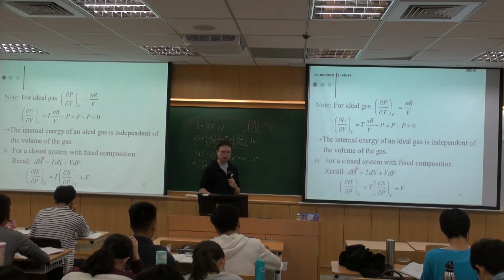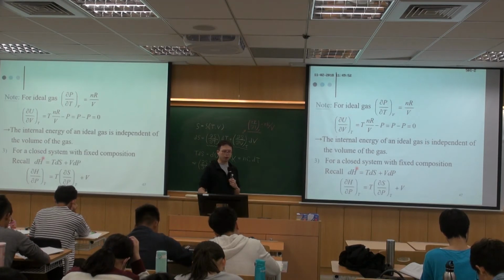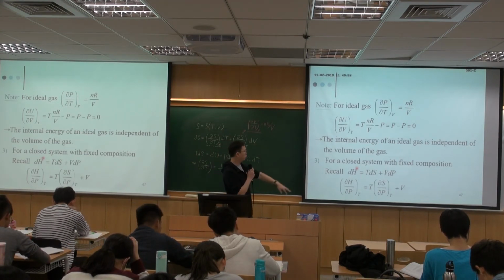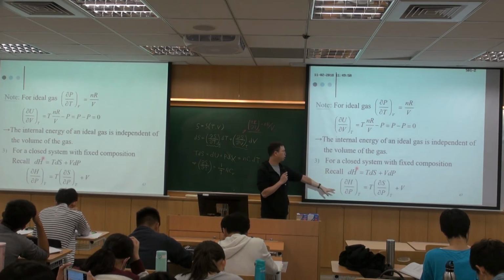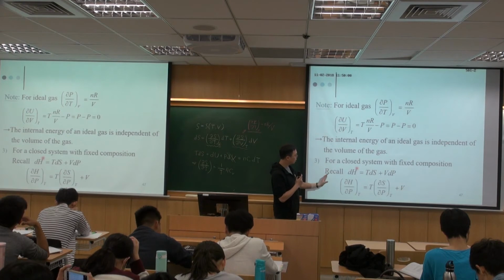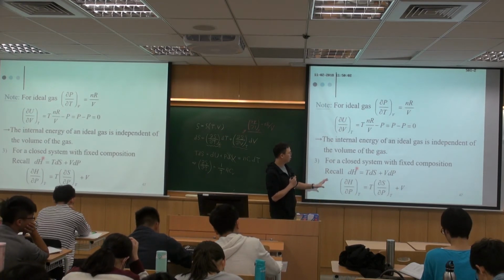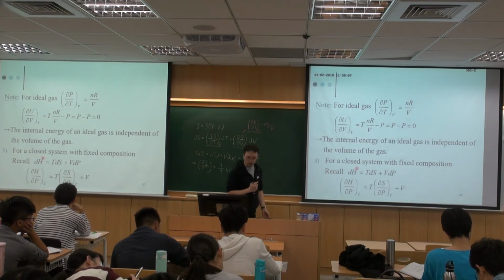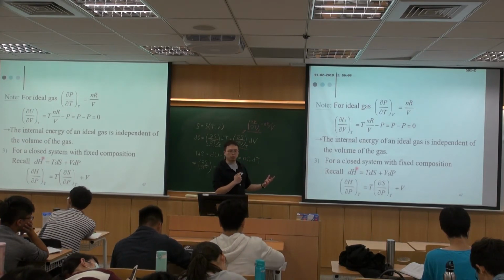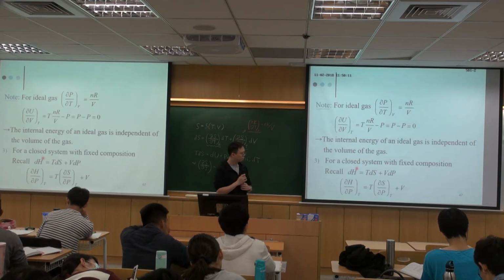For instance, if I want to check the change of enthalpy with respect to volume, I can also use partial H, partial V at a fixed temperature. But in this example in the textbook, it asks us to look at partial H, partial P. And similar to what we saw earlier, there must be a reason for that.